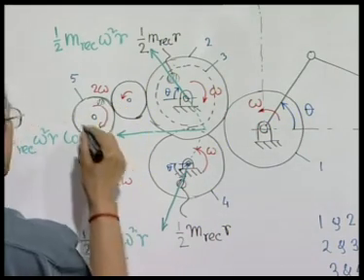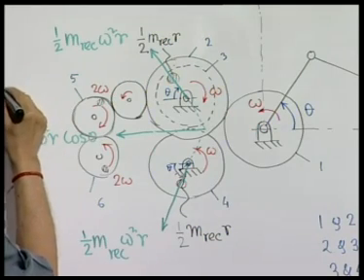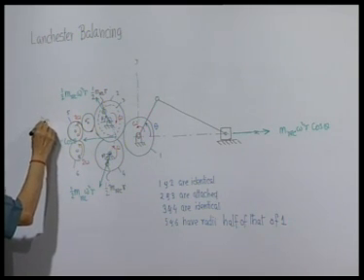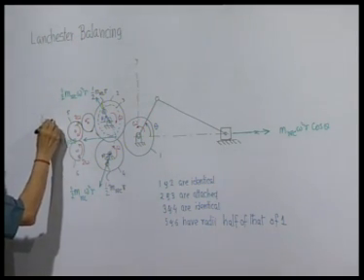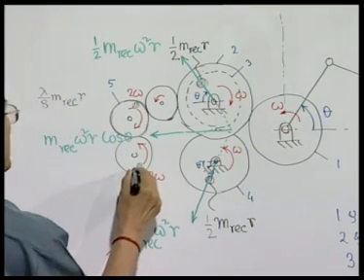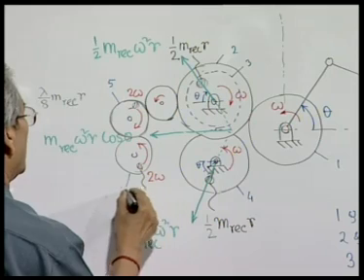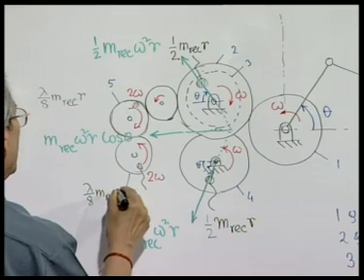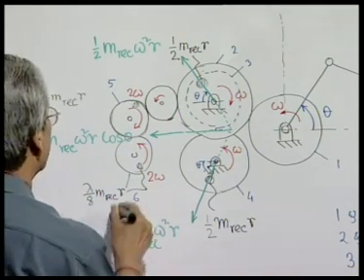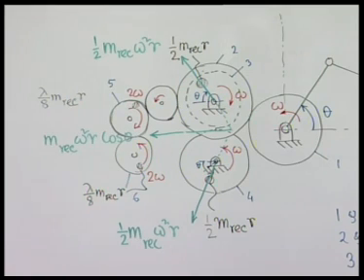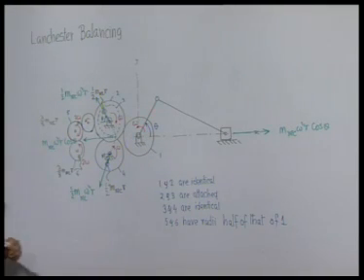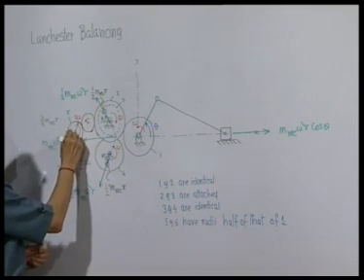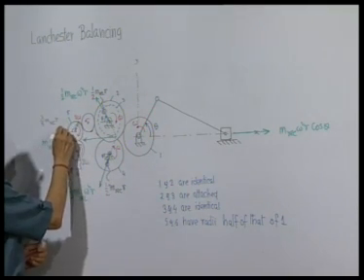We can attach some masses here, which is lambda by 8 m reciprocating into r. Same thing here, lambda by 8 m reciprocating r will be this, and the angle is such that this is 2 omega t.